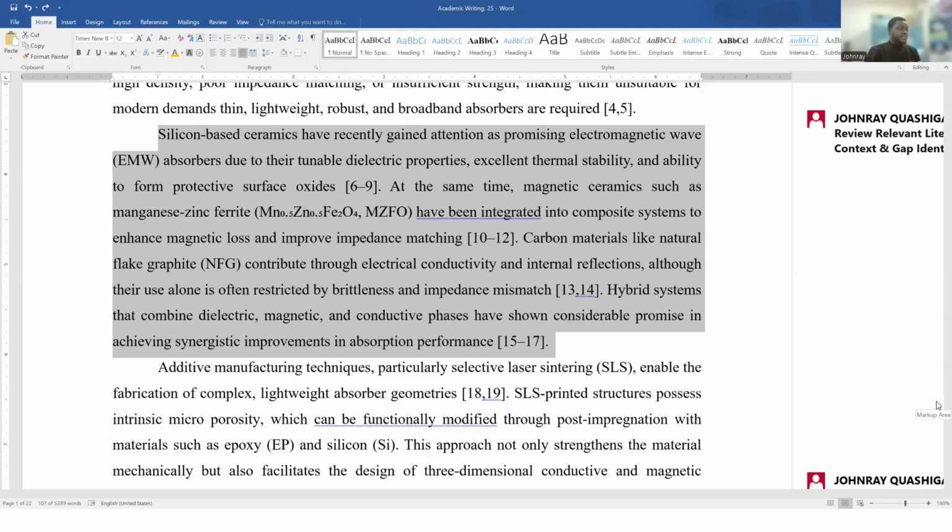Carbon materials like natural flake graphite contribute through electrical conductivity and internal reflection, although their use alone is often restricted by brittleness and impedance mismatch. Hybrid systems that combine dielectric, magnetic, and conductive phases have shown considerable promise in achieving synergistic improvement in absorption performance.